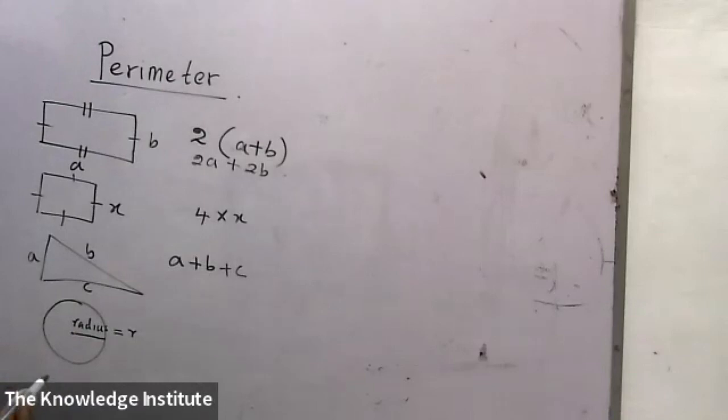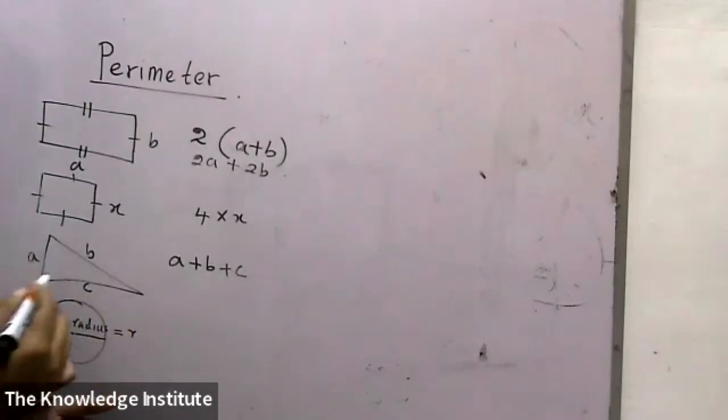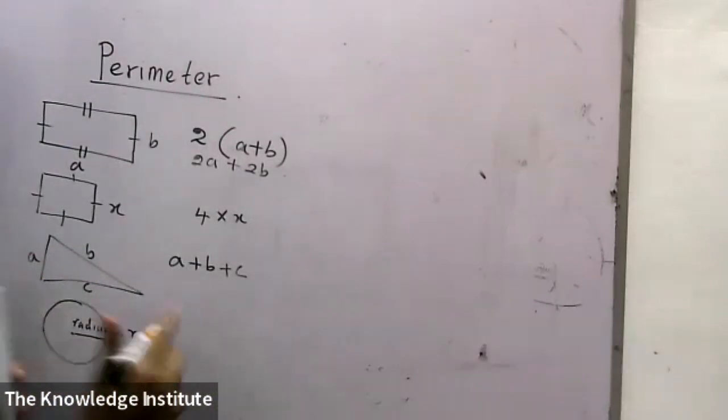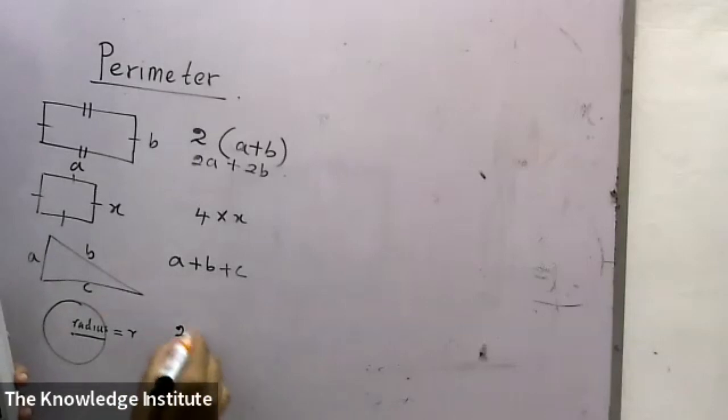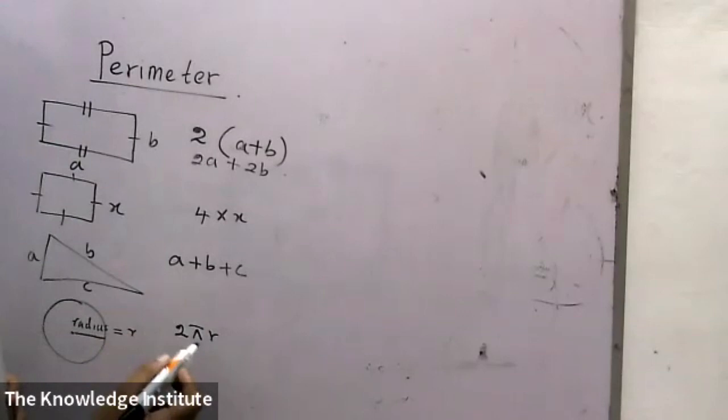In grade 9, you have studied this. Now, perimeter means what? The definition of perimeter is adding all the sides. In a circle, it's a curved part. So how to find this? There's a formula: 2 pi r. 2 will always be there, pi will also always be there. r can change according to the length they have given.